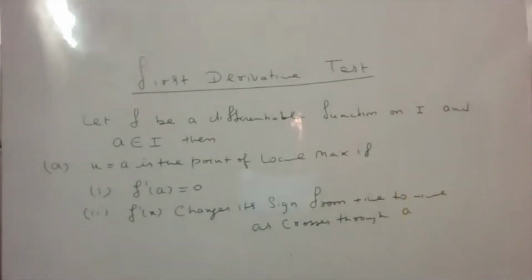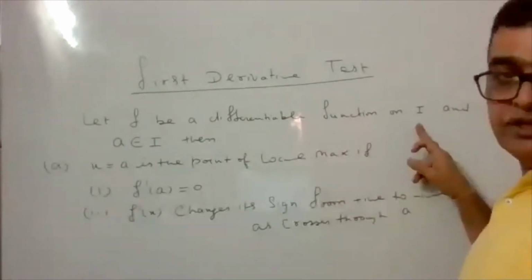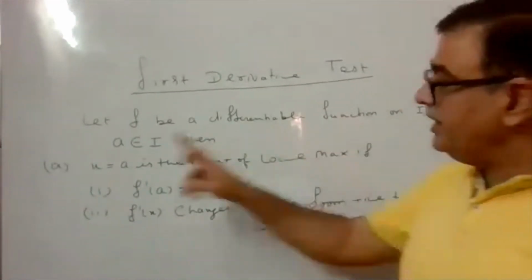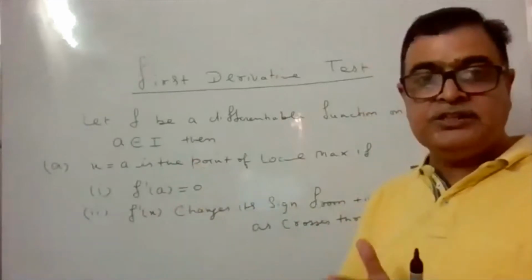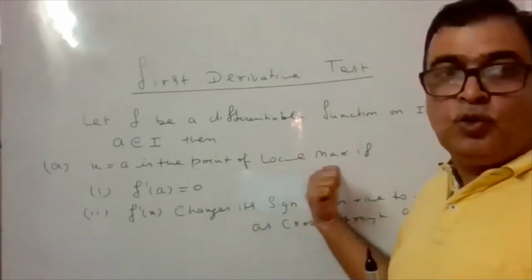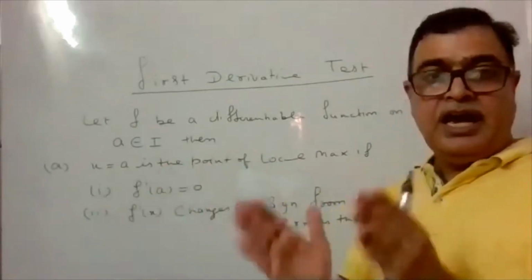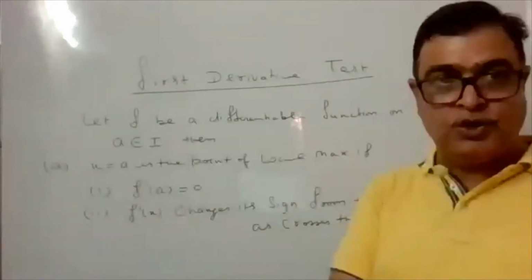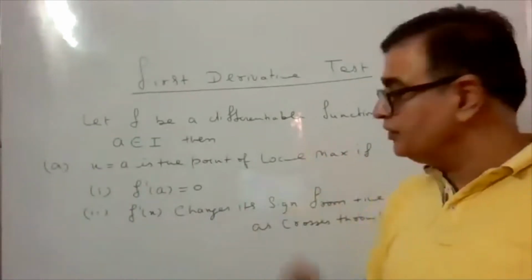So here in this case, it says f is a differentiable function on interval I, and a is any point in the interval. Then x is equal to a is a point of local maxima if f dash a is 0, meaning at that particular point the slope of the tangent is 0.